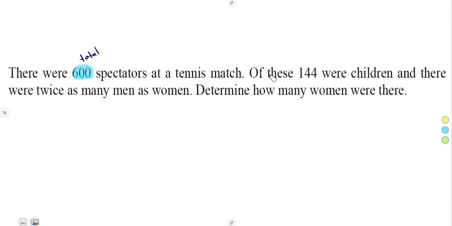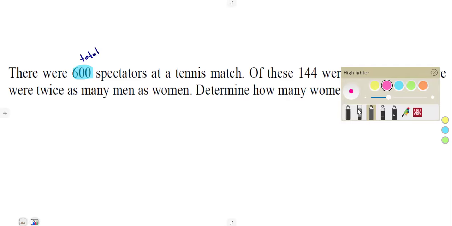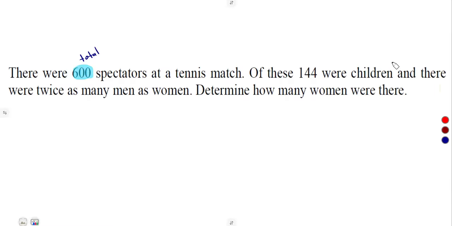Of these, what? From the 600 that you were given, the total. Of these, 144 were children. They are now separating from the total.